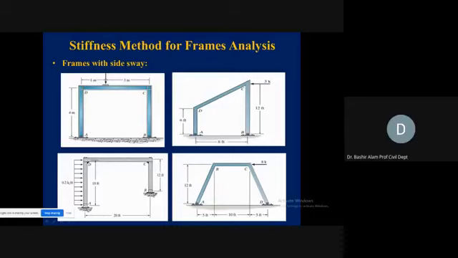How is it going to have this lateral displacement? This AD will come to the right, and then BC will also come to the right. So at the top you will have this displacement. And remember, displacement at the same level is going to be the same.